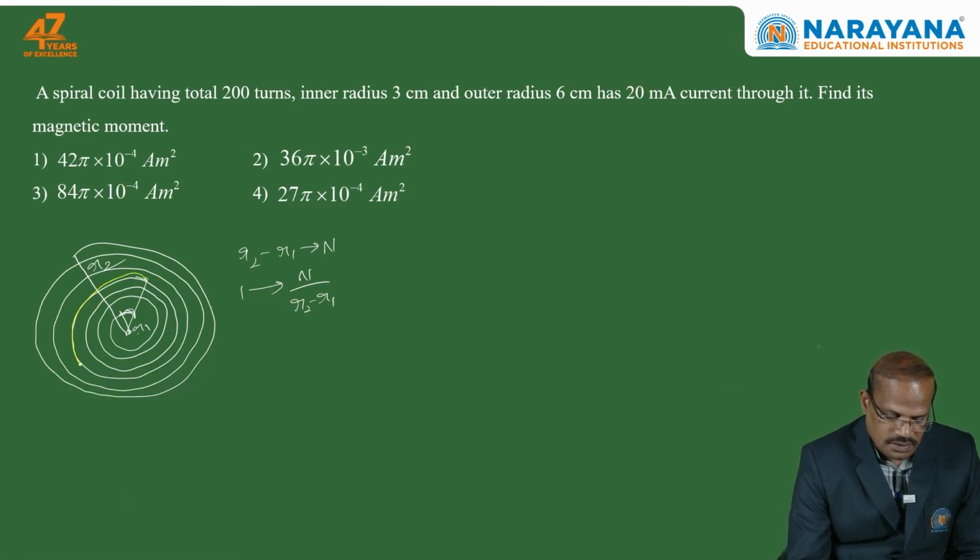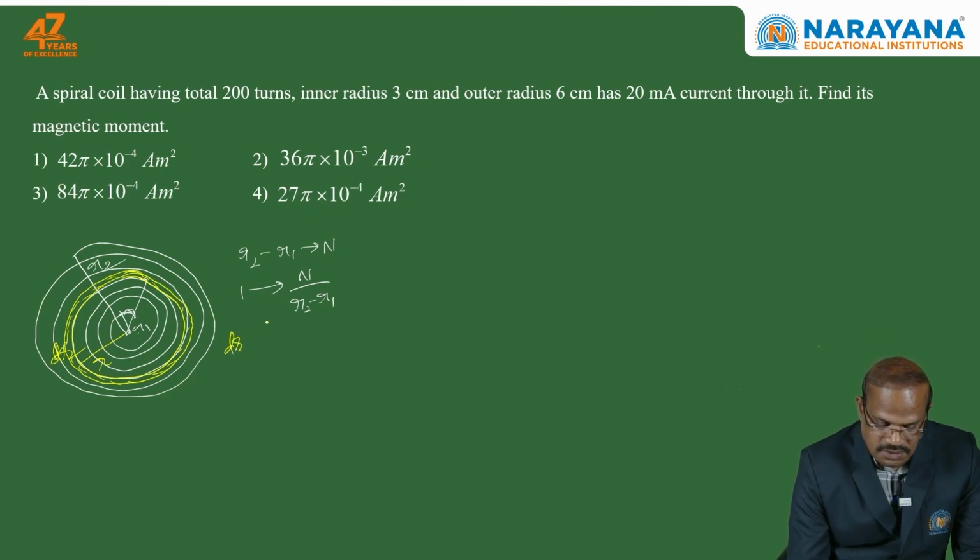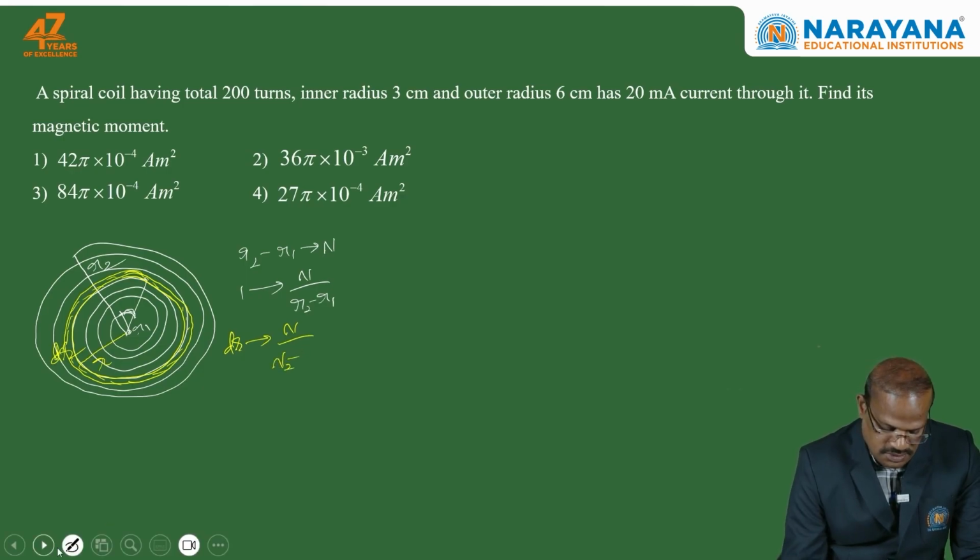This is a strip of radius r and width dr. Then what are the number of turns in that width dr?